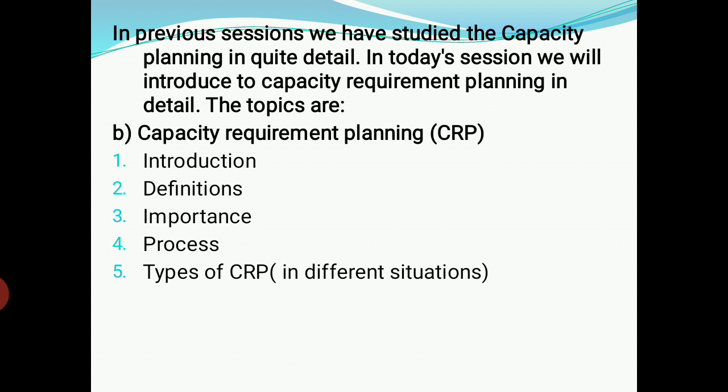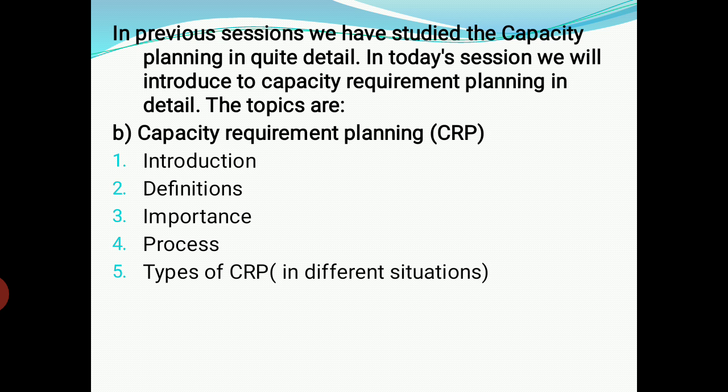Here when we are talking about CRP, it is dependent more on MRP and MPS, right? That means material requirement planning, it is more dependent on, and likewise the requirement is gathered and the planning is done, right? So when we'll see the topics in detail, it should be more clear to you all. Here we'll be starting with introduction, we'll be seeing the definitions, we'll check the importance also, and the process of CRP.